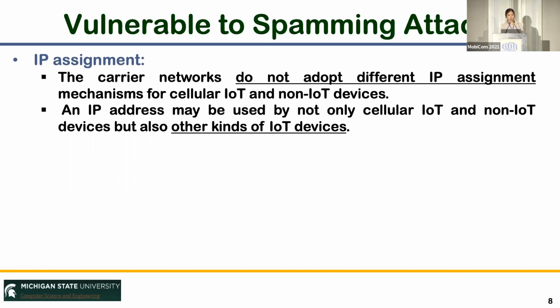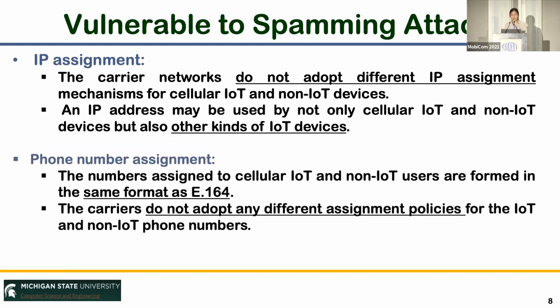Second, an IP address may also be used by other kinds of IoT devices, like Wi-Fi IoT via the operator's trusted non-3GPP access network. So profiling IoT traffic may not be able to clearly differentiate cellular IoT devices from the other IoT ones.